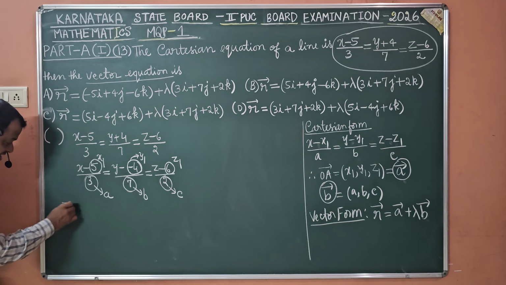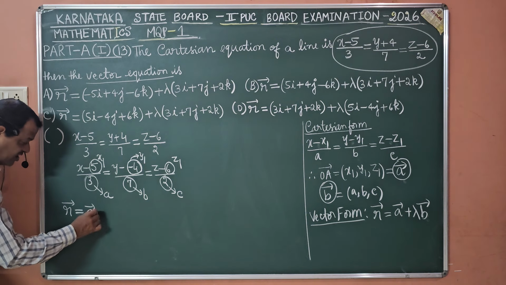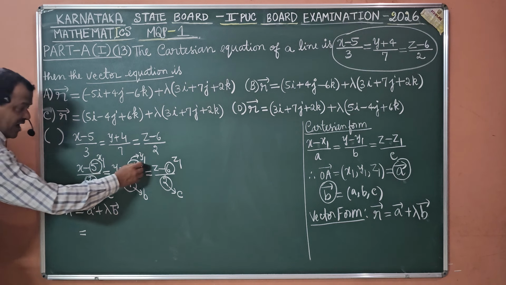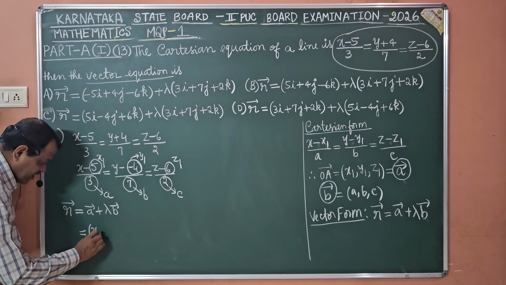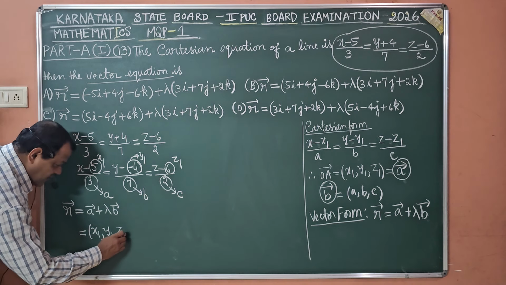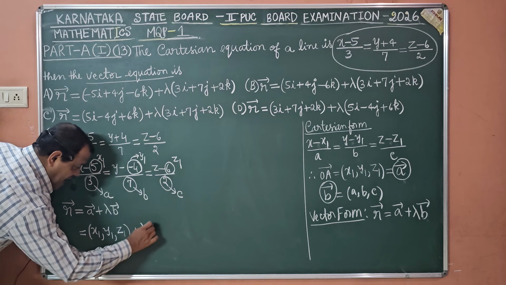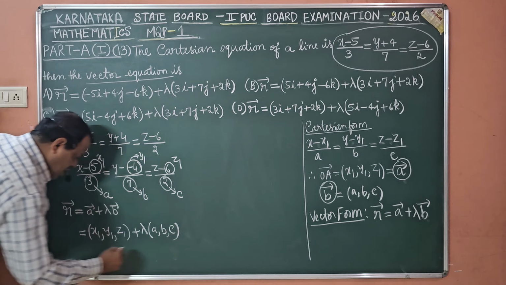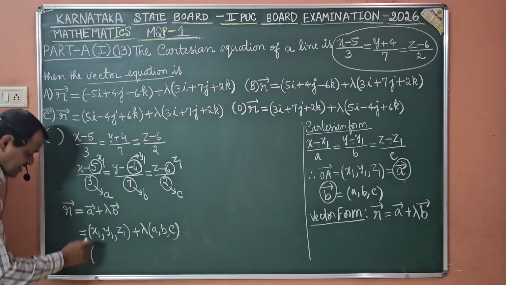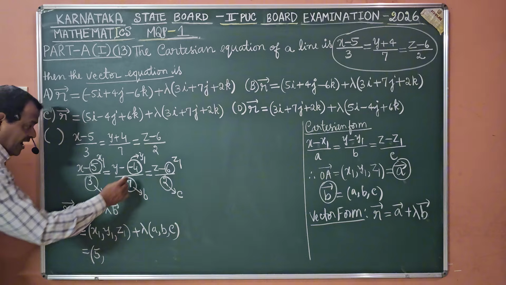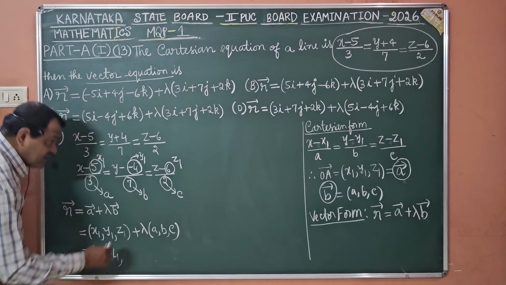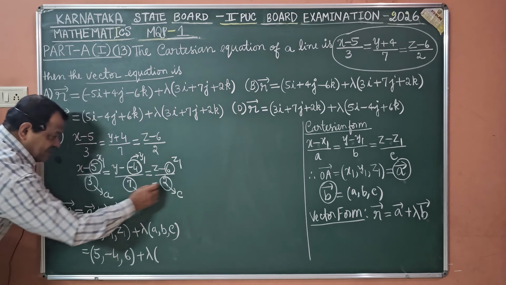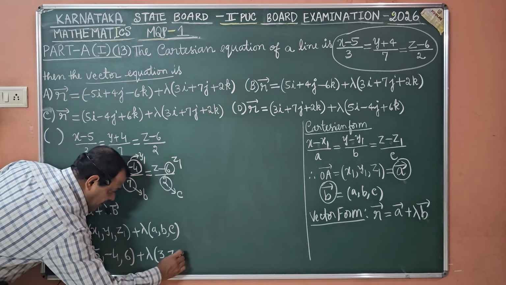Therefore, our answer is r vector is equal to a vector plus lambda b vector. But what is a vector? x1, y1, z1. I write a vector is x1, y1, z1 plus lambda into what is b vector? a, b, c. Or I write here x1 is 5, comma, y1 minus 4, and comma, z1 6, plus lambda into a, b, c, 3 comma 7 comma 2.